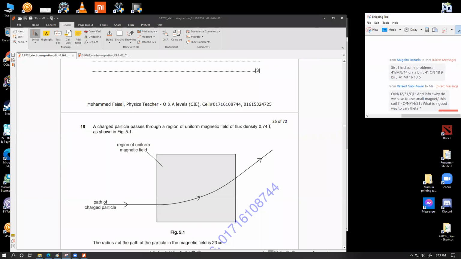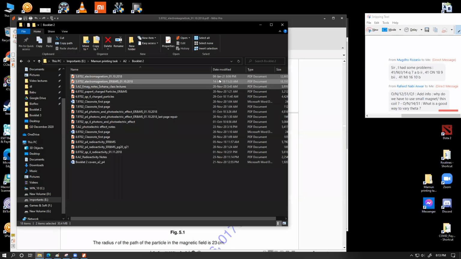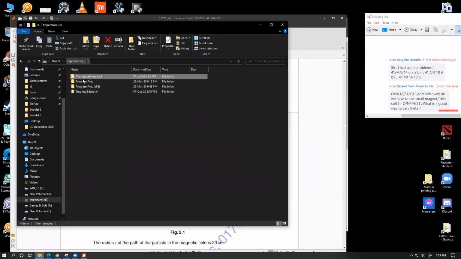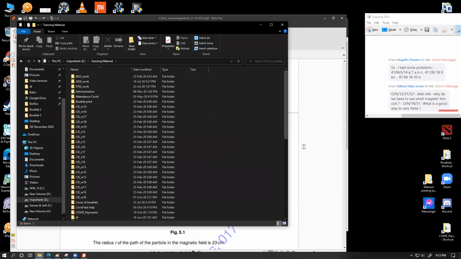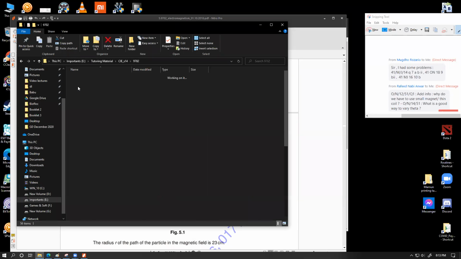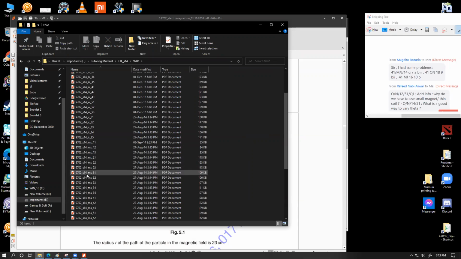So the problem that Mugdha has given us is Mejun 1441, question number 7A and B2. Let's pick that up. Mugdha, আছো এখানে? Yes, sir.